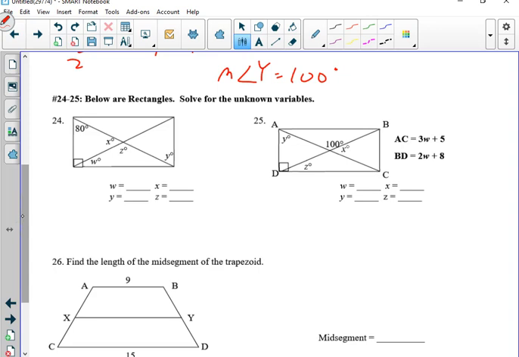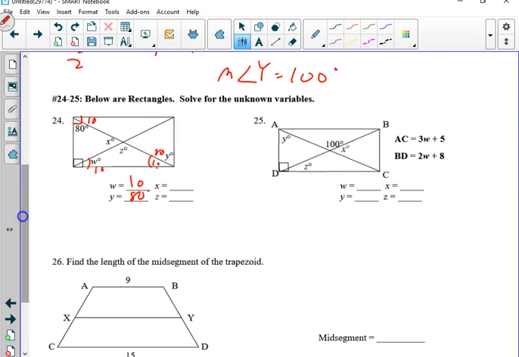Okay. If this is 80, then this is 10, because it's a rectangle, right angle. Now, opposite sides are parallel, which means this is 10 and this is 80. Okay? Then, if this is 10, this has to be 10 also.